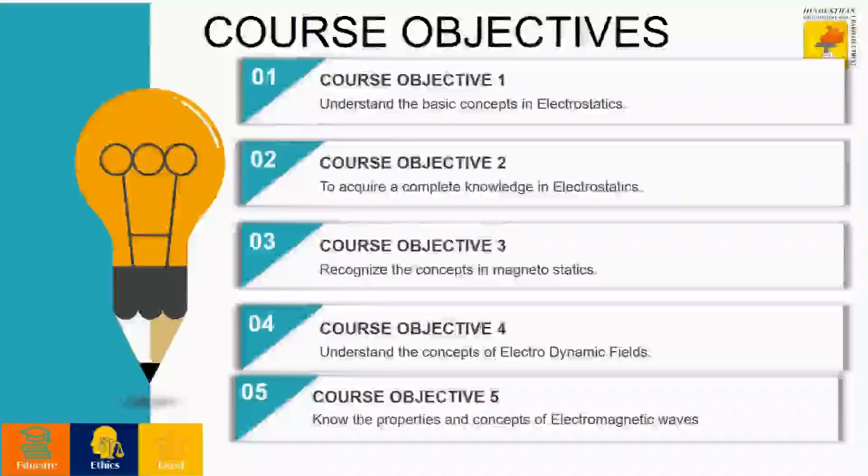The fourth one, learn electrodynamic fields, how they behave and how they are designed for a particular application. And the fifth course objective, know the properties and understand electromagnetic wave propagation. So these are the 5 major key objectives for the course field theory.